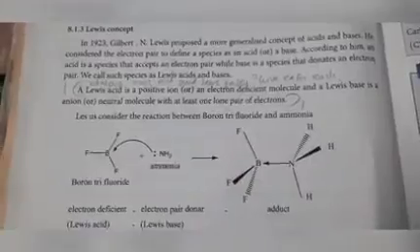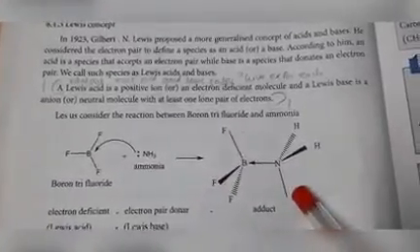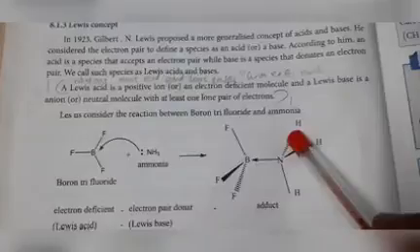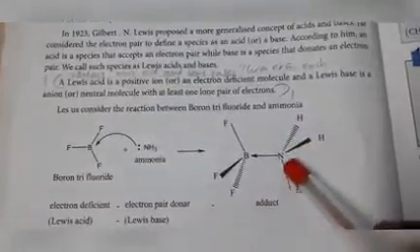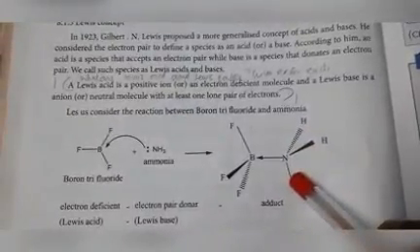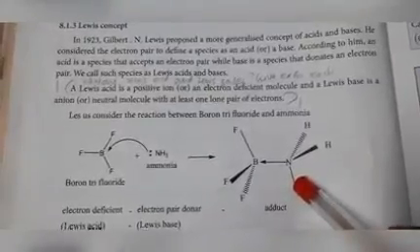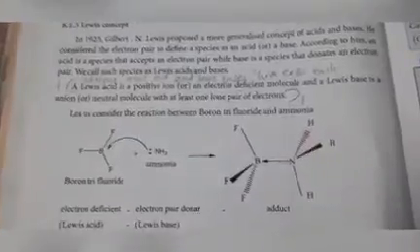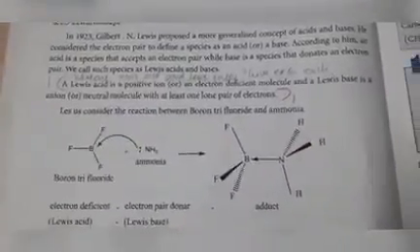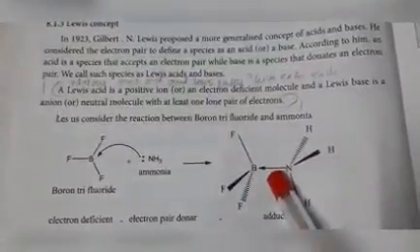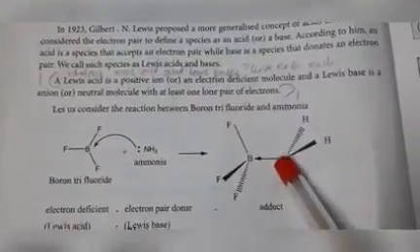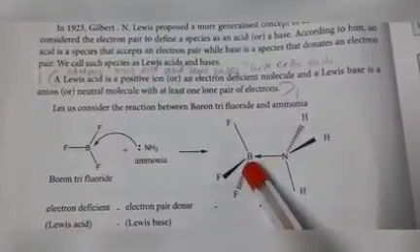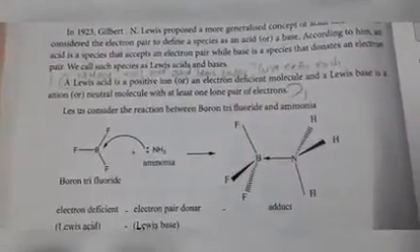Of these two bonds, one is above the paper and another is below the paper. The same applies here also. Three types of bonds are given. The normal line is in the paper, and of these two bonds, one is above and one is below the paper. What does this indicate? A coordination bond. That means when one of the atoms donates both electrons, it is called a coordination bond.